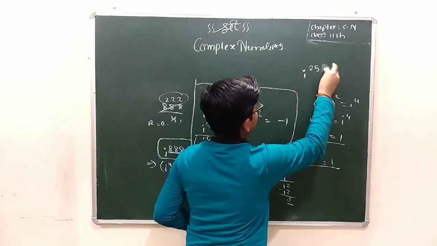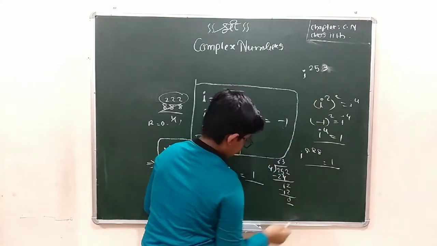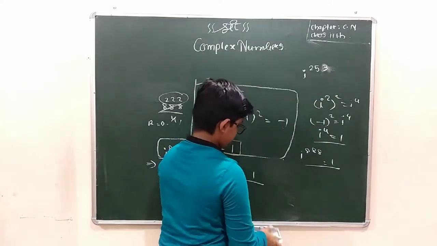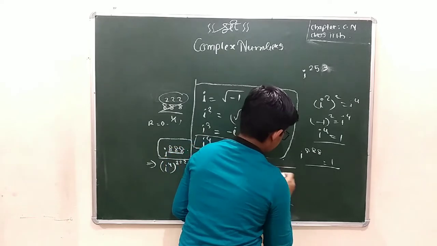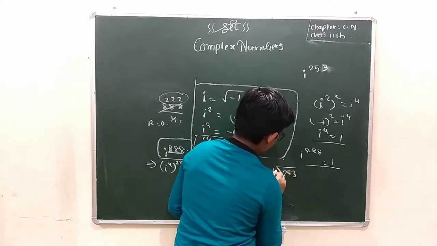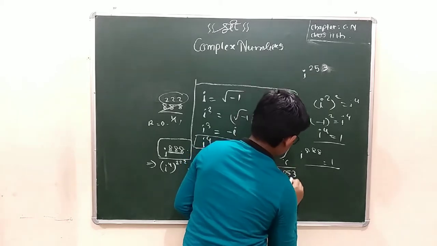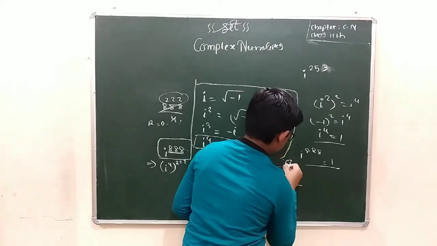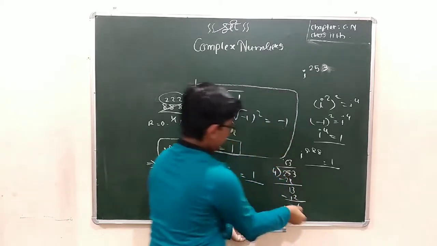Now if I take 253 and divide it by 4, I will get a remainder 1.